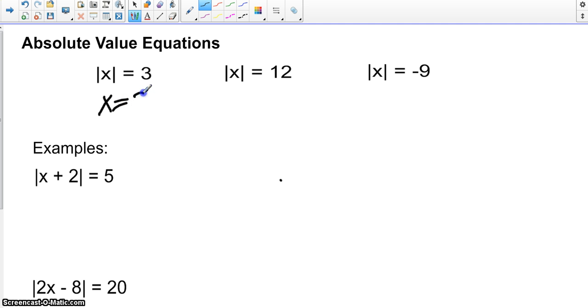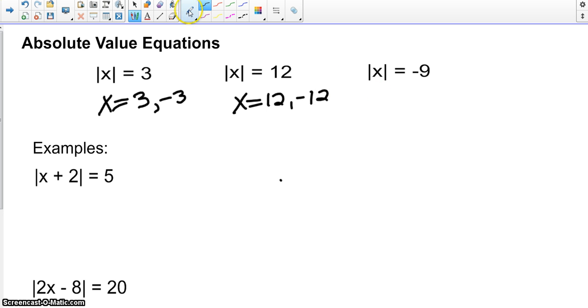Well, x could be positive 3, obviously. But x could also be equal to negative 3, right? Either one of those plugged into those absolute value bars would give us that answer, okay? Over here, x could be positive or negative 12, right? Okay, and that would work.